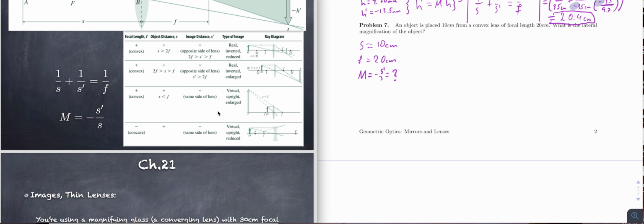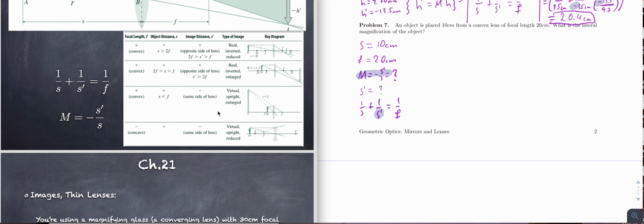And this is again a situation with lenses. I also don't know s prime. So the first thing to do, I do know the thin lens equation, so the first thing would be to find s prime and then find the magnification from that.